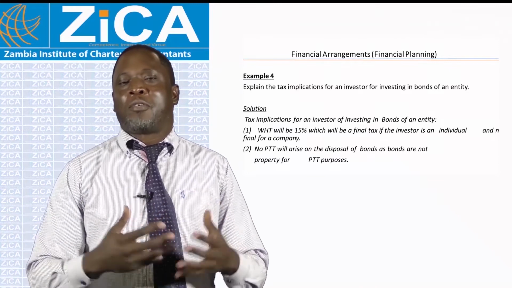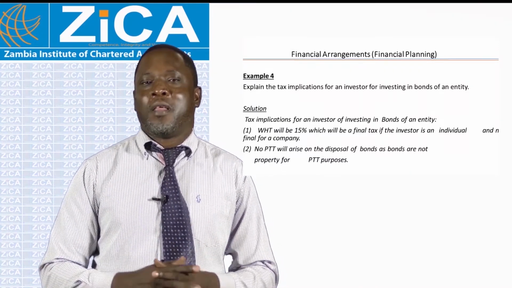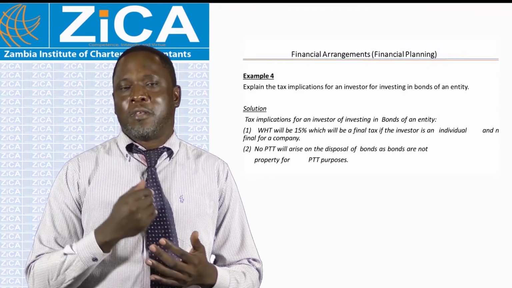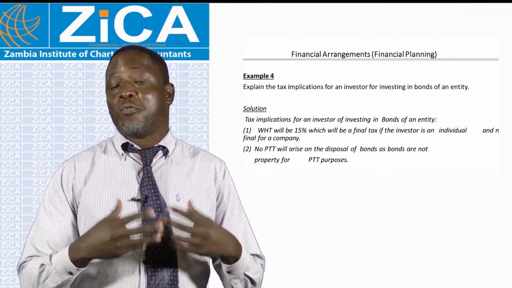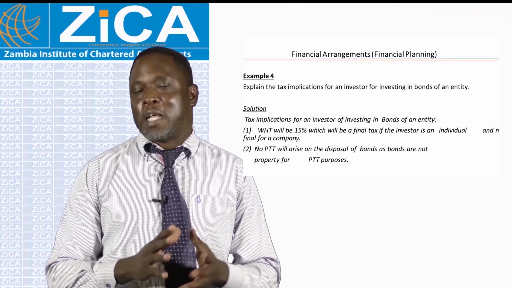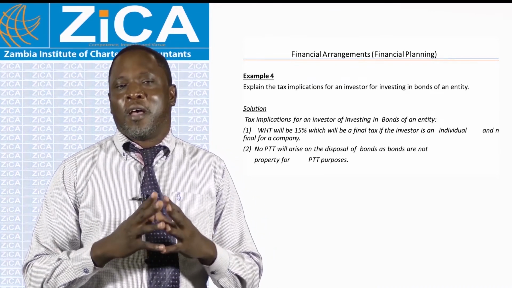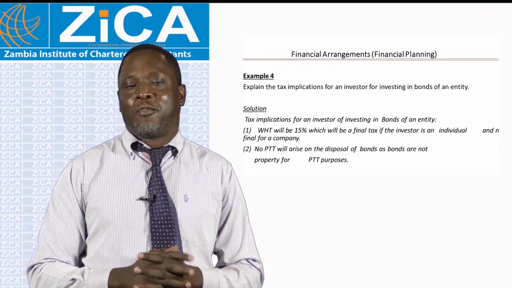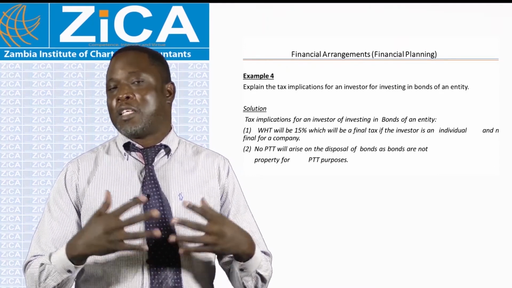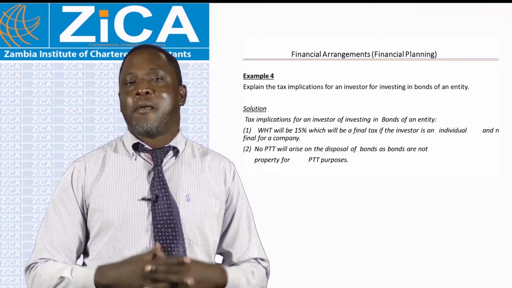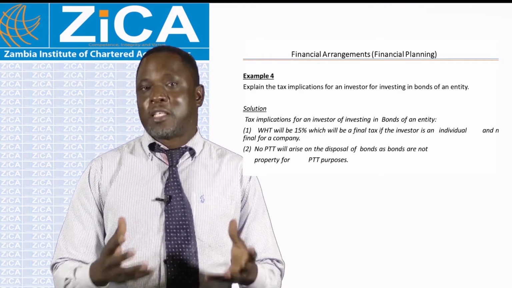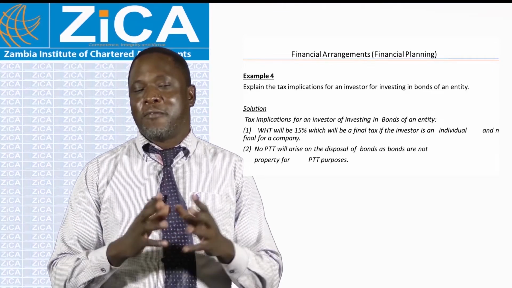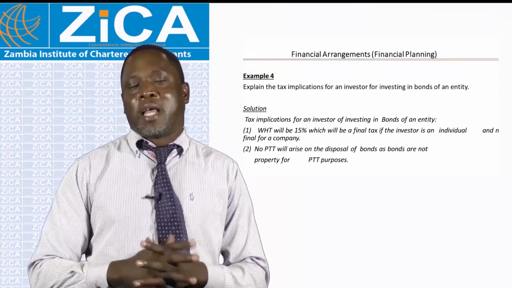Because taxation is all about taxing income that a person has generated. So when someone invests in debentures or bonds, there are two ways they can generate income from such an investment. The first one is through the interest that the investor will be getting from those bonds. Secondly, just like shares can be sold on the stock exchange, bonds can also be sold on the stock exchange. So, firstly, when it comes to the interest the investor will be getting, what will be the tax implications?